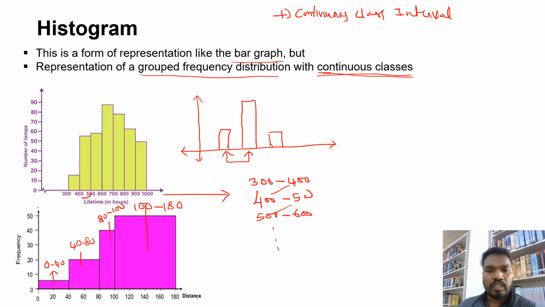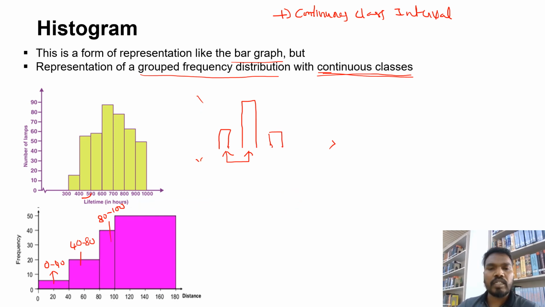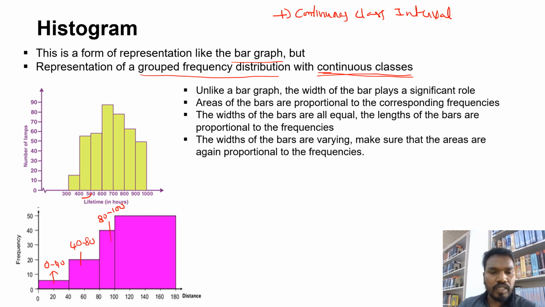Clear? And one more thing you should keep in mind is that these histograms can be of two types.